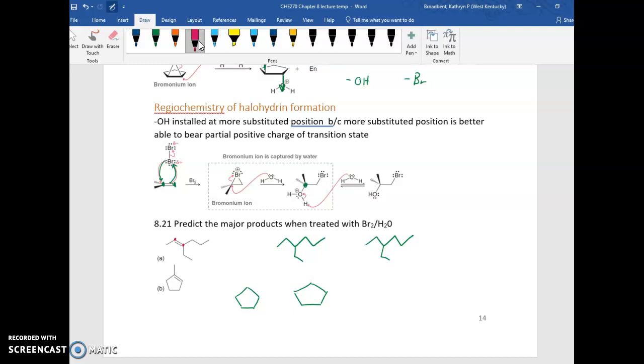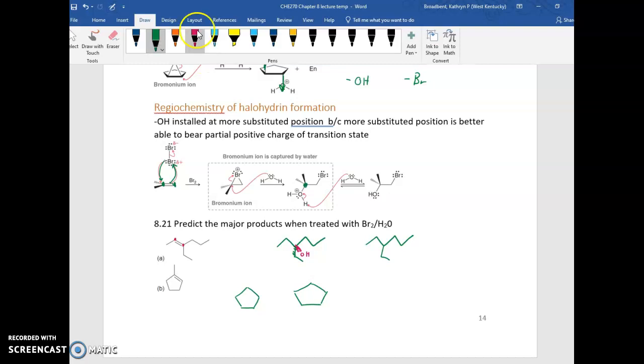So let's put the hydroxy here. I'm going to draw it on a wedge. That means that this must be on a dash, the ethyl group there.